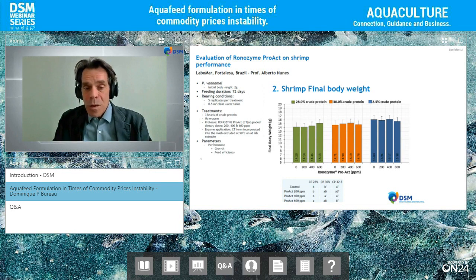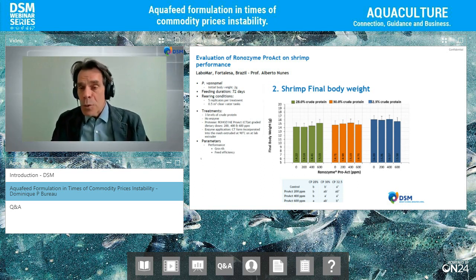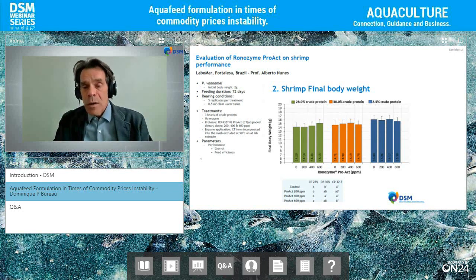Give less nutrients. Well, this is where enzymes can be of greater value. If you're producing a very, very high quality feed, you're probably not going to see an impact of enzymes. If you're producing a lower quality feed, this is where the enzymes sit. That's what the evidence shows, and I've seen other evidence with other companies that indicates something similar.